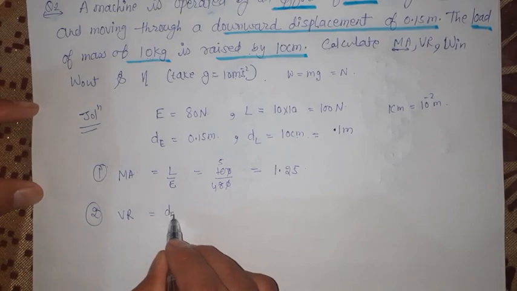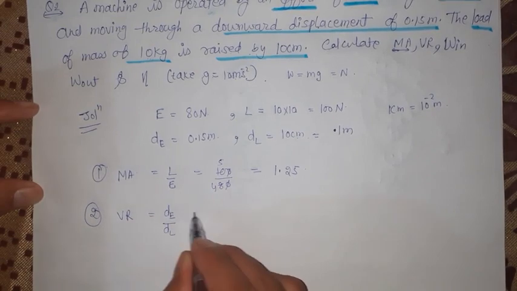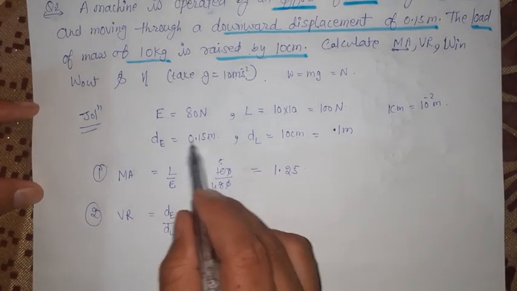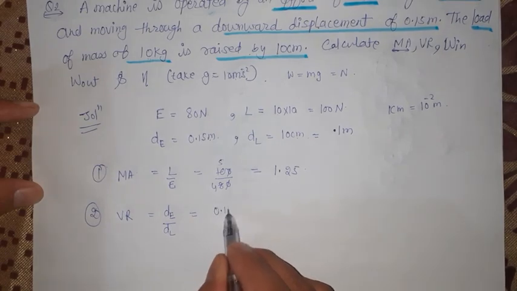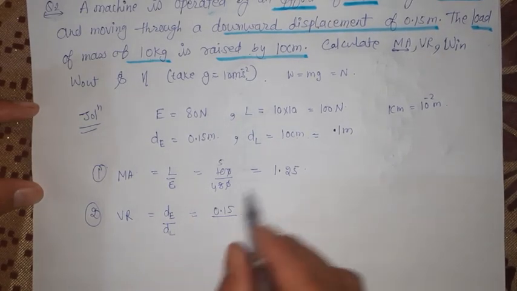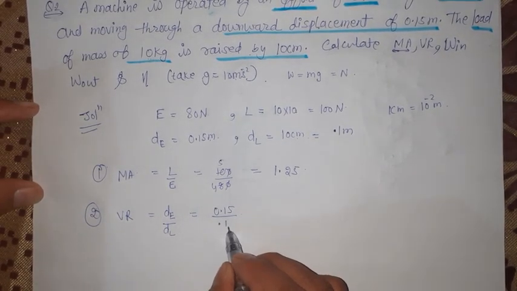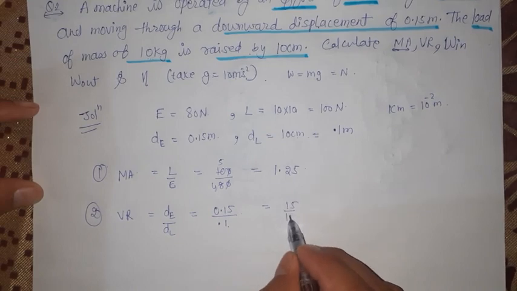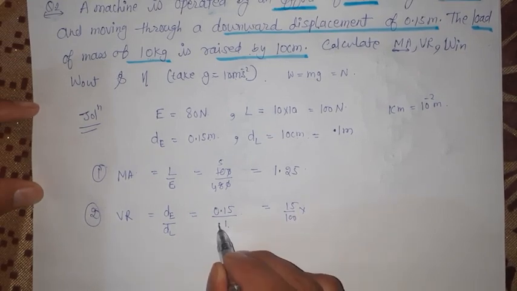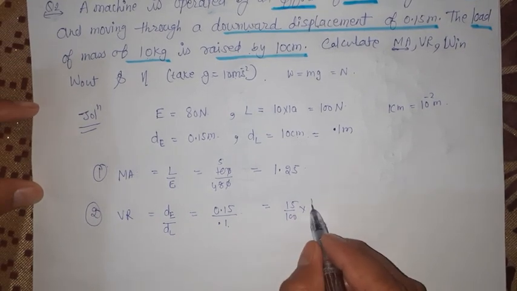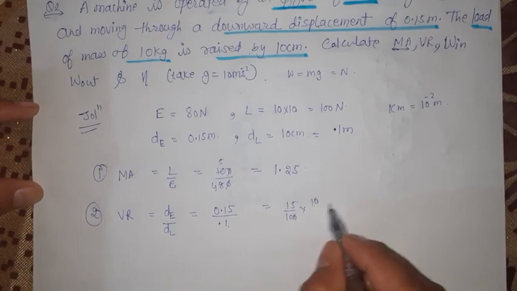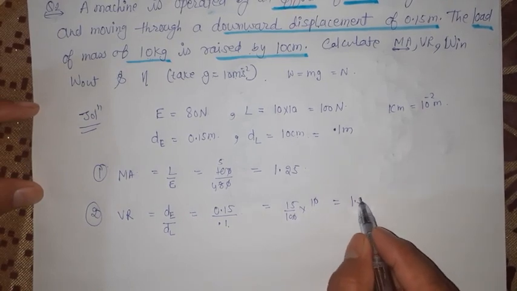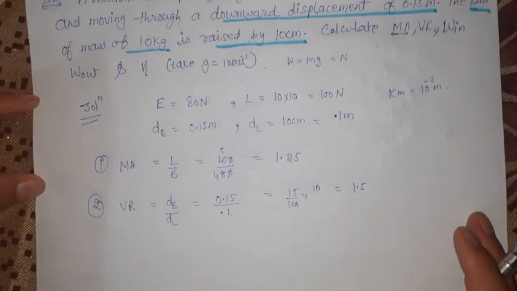So velocity ratio is what? Displacement of effort to the displacement of load. The displacement of effort is 0.15, and that of the load is 0.1. If you remove the decimals, 100 will come in the divide, and 10 will go up. So it is 1.5. So the velocity ratio is 1.5.